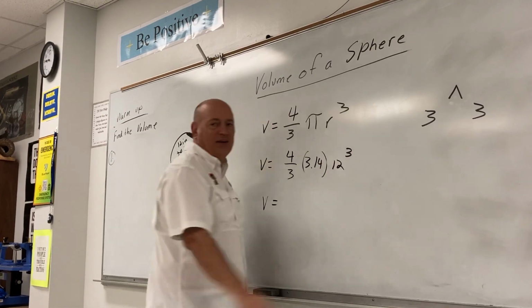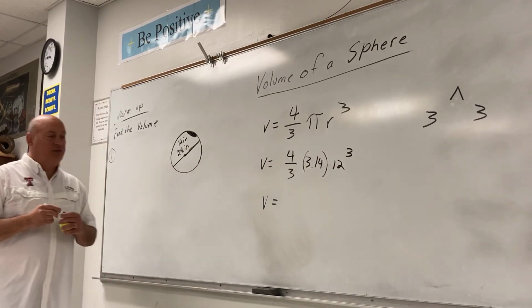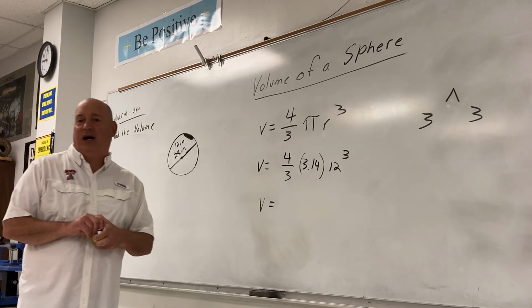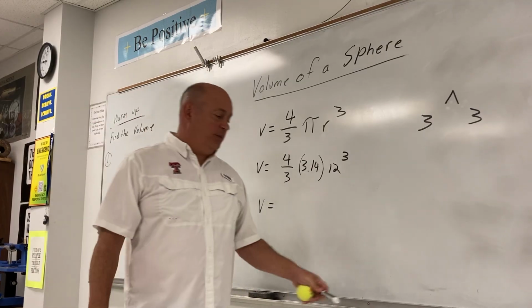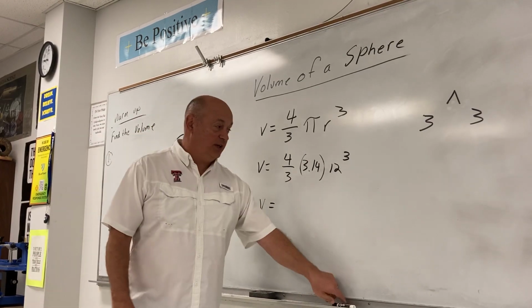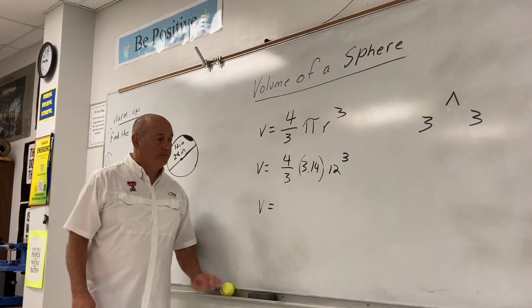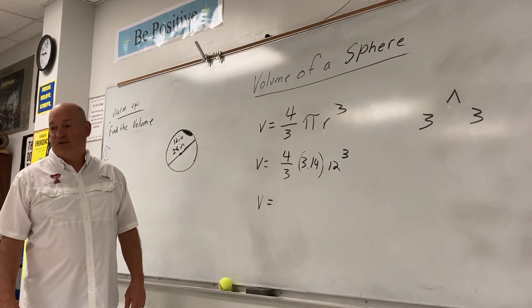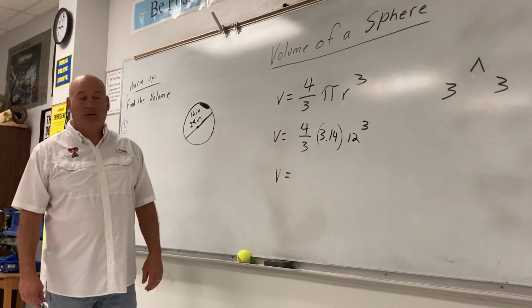All right, calculator time. Type it in. 4/3 times pi times 12 to the 3rd power. We'll let Brentley tell us what he gets.